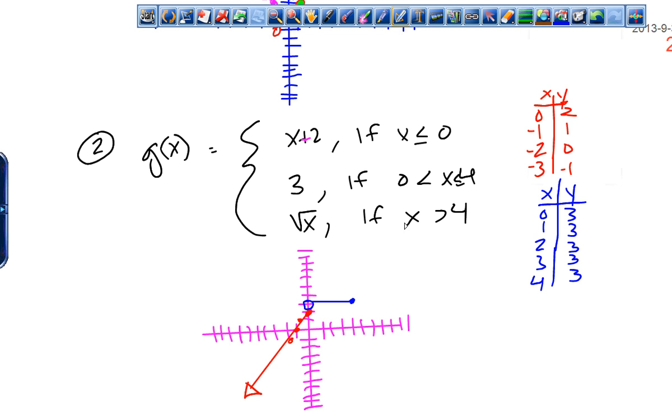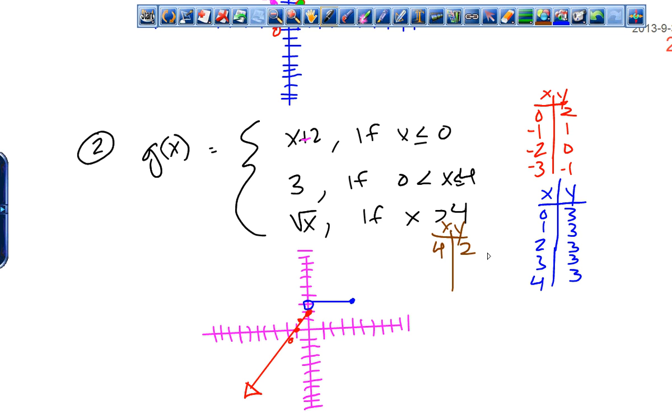And then lastly, square root of x if x is greater than 4. Got the x, y chart, everything bigger than 4, so let's start with 4. What's my y value going to be for the x value of 4? 2, right? We're taking the square root of 4. Square root of 4 is 2.